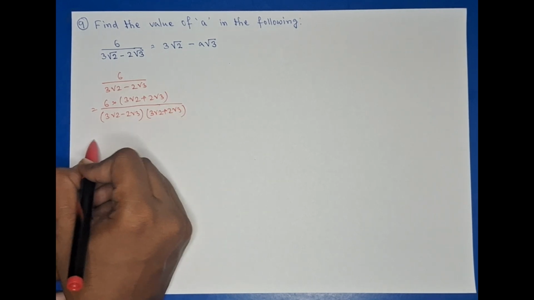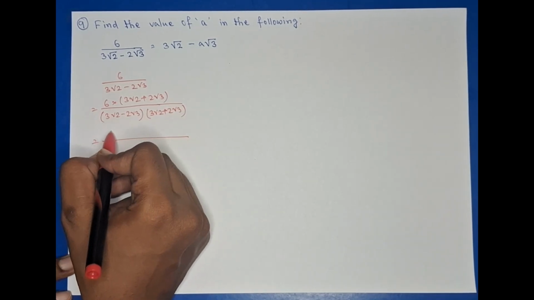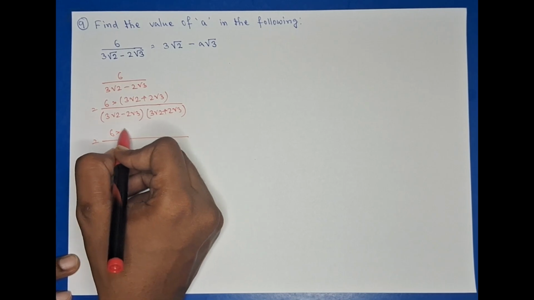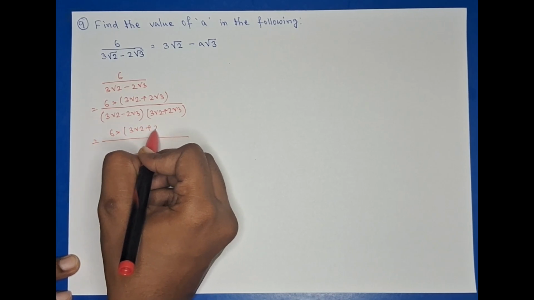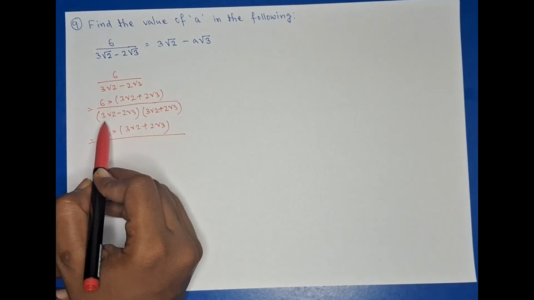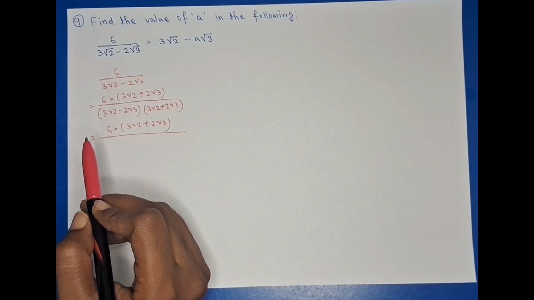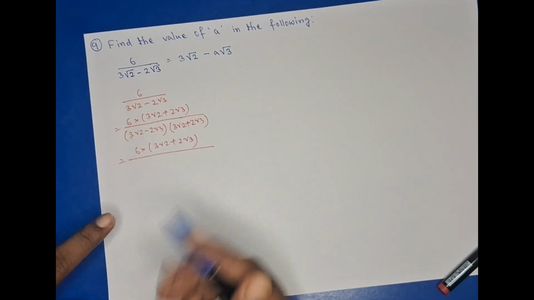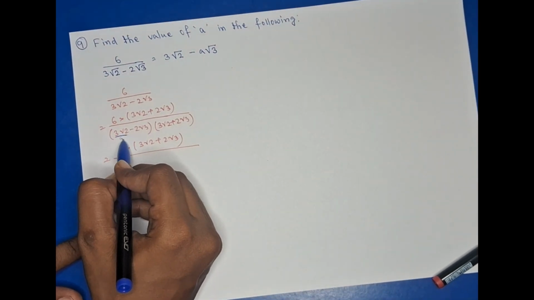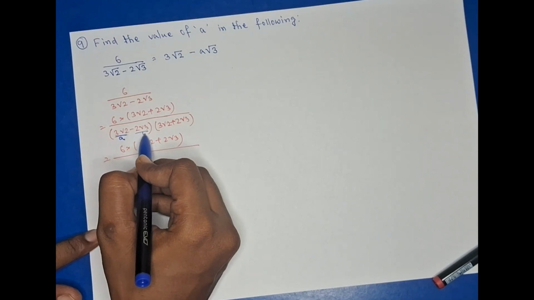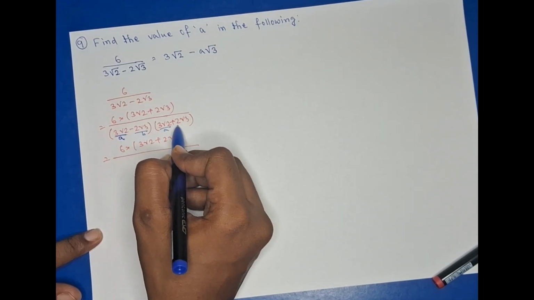Okay. So let us quickly do it. 6 into 3 root 2 plus 2 root 3. And in the denominator, consider this as a, and consider this as b.